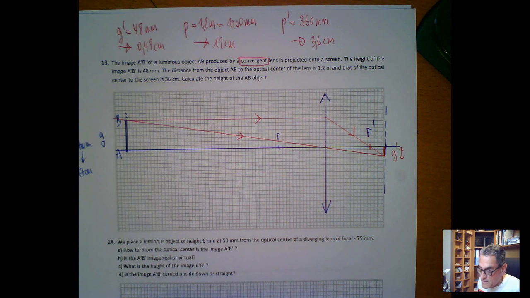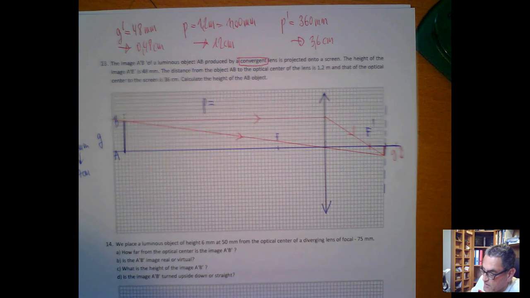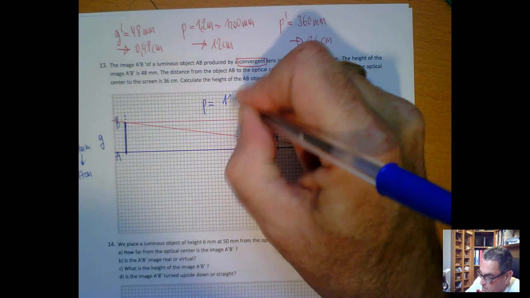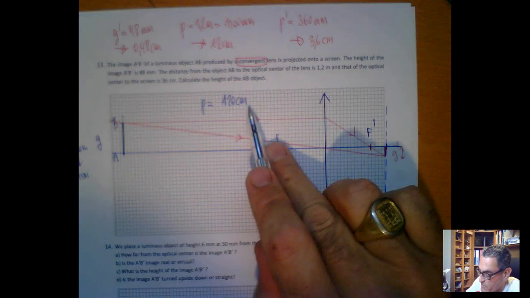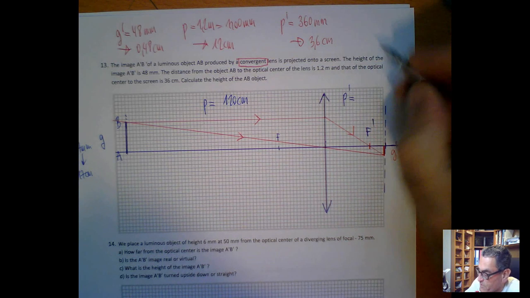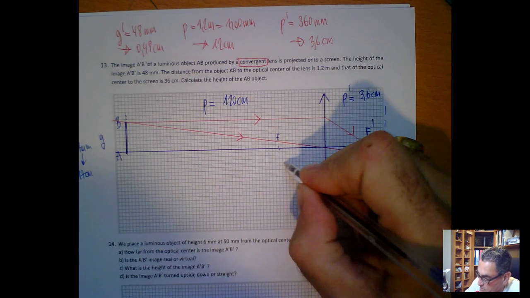Okay, we have P, I take now the original dimensions, I will put it in centimeters now, I'm tired of this millimeters. We have P, which is 120 centimeters. We have P prime, which is 3.6 centimeters.